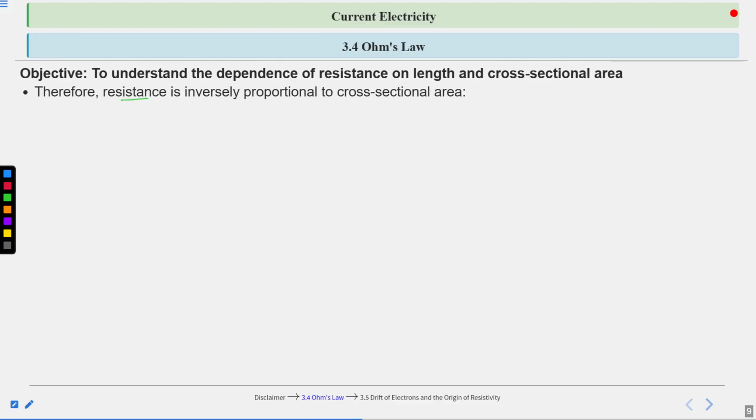Therefore, resistance is inversely proportional to the cross-sectional area, and it can be shown as R proportional to 1 by A. If A is increasing, then the resistance will decrease. And if A is decreasing, like we have reduced this A to half, then the resistance will increase and become double.